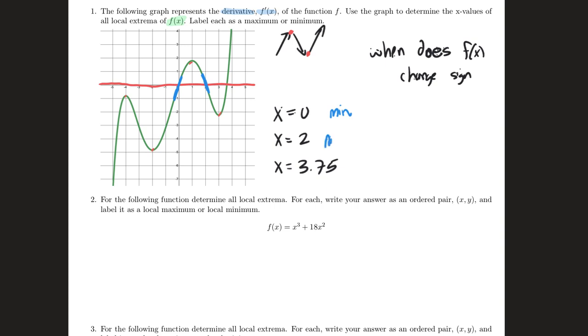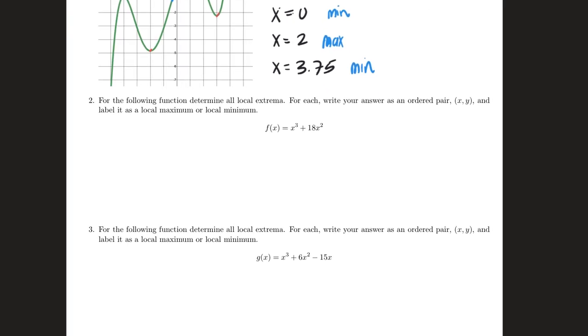And last one, at 3.75 goes from negative to positive again, means my original is going from decreasing to increasing, makes that a minimum. So you have to use this first derivative information to figure out when you have a max or min. Those are just the critical points when your derivative is 0. And if it's going from positive to negative, it's a max. Negative to positive, it's a min.